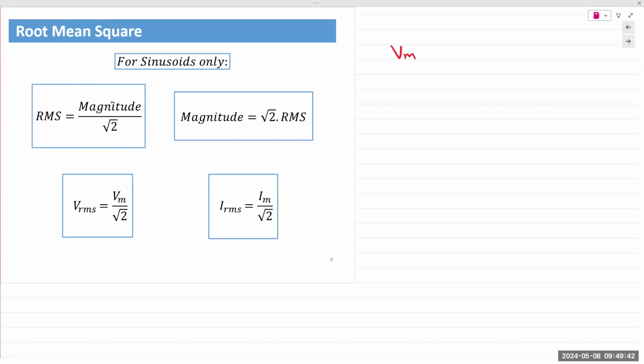For instance, Vm would be root 2 times V RMS. Vp or Vm is root 2 times RMS. Peak values will always be higher, right? Peak numbers would always be higher because we are talking about average.